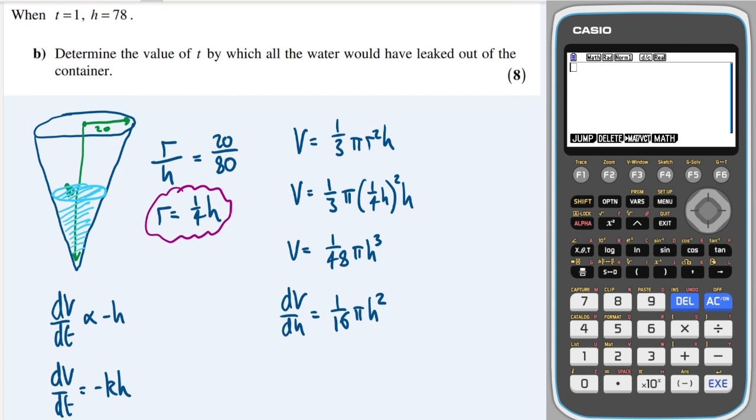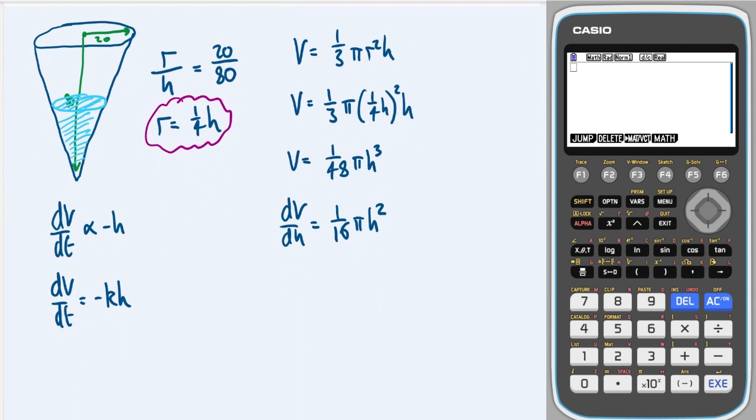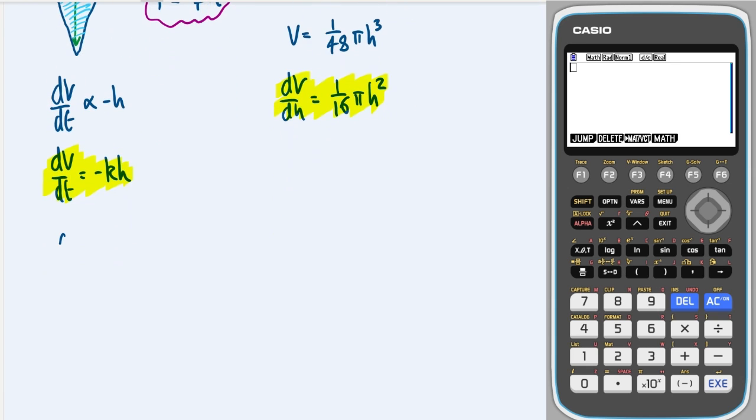And that's great, because what was I looking for? I was looking for dH by dt. And now I've got this and I've got this, which I should be able to use to get dH by dt. So I want a dt on the bottom, so I'm going to have dV by dt there, and I want a dH on top, so I'm going to flip that one over like that, and as such the dV's will cancel perfectly.